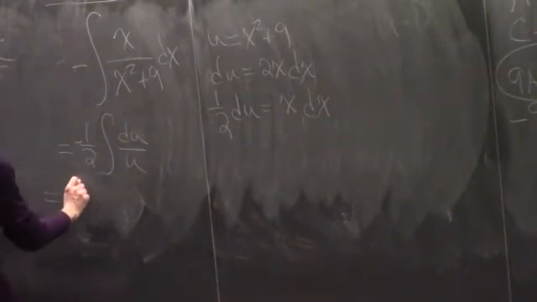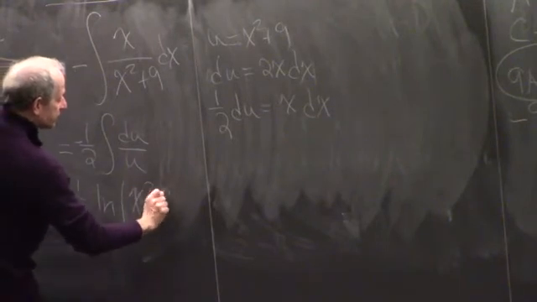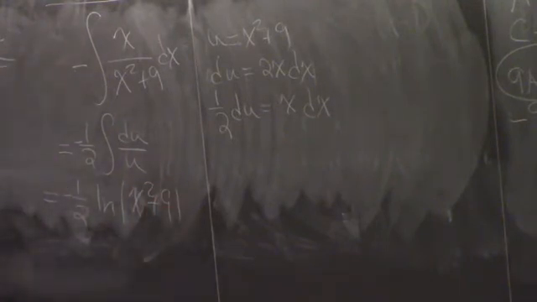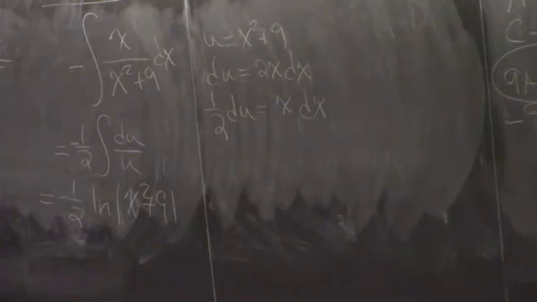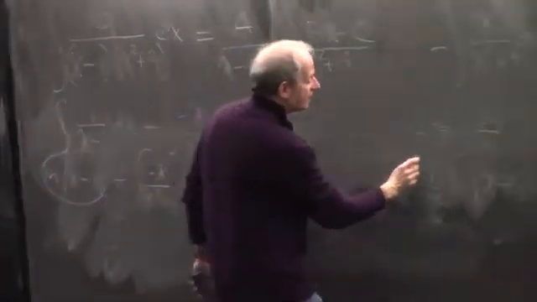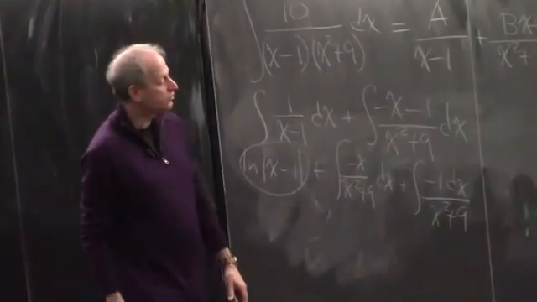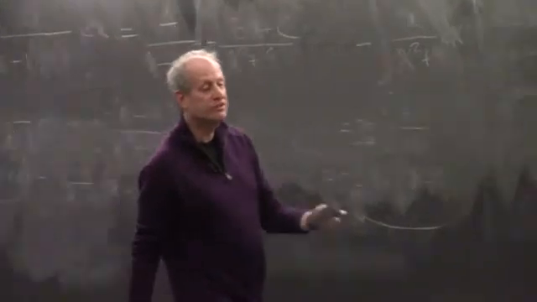This is minus 1/2 ln of x squared plus 9. Doesn't really need the absolute values. So we've done two of the integrals. First one is natural log of x minus 1. Second one is negative a half ln of x squared plus 9. What about the integral of minus 1 over x squared plus 9?